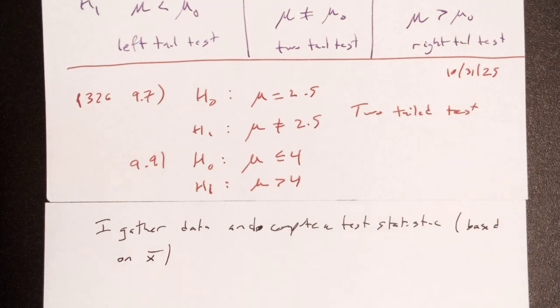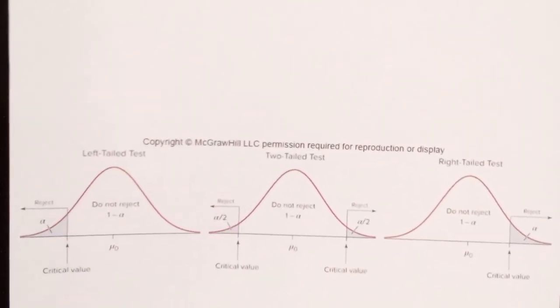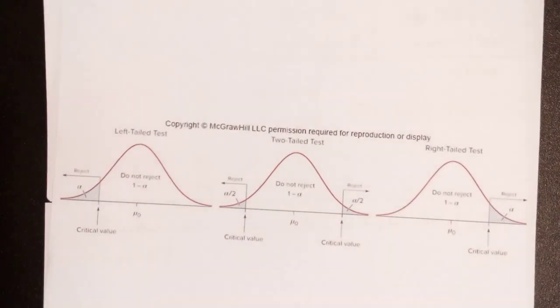And then I look at the sample distribution. And we know that the sample distribution for an average is a normal distribution. And somewhere I'm going to be able to figure out a critical value. And I'm going to decide, am I too far away?